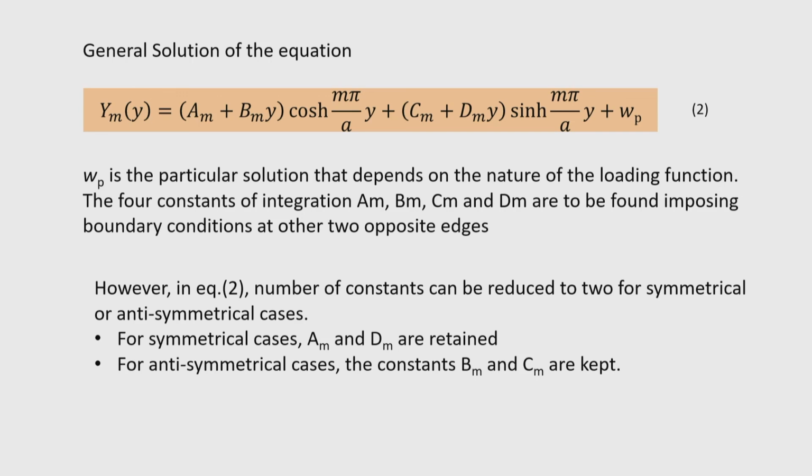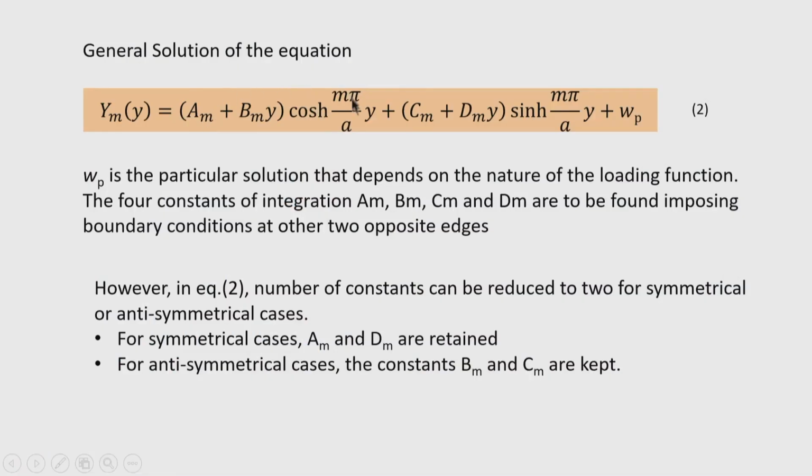But one interesting thing you can see here is that cosh(m pi y by a) is a symmetric function, and sinh(m pi y by a) is an antisymmetric function. So when the loading conditions and support conditions are symmetrical with respect to the x axis passing through the center of the plate, there is no need to retain any antisymmetric term in the deflection expression.